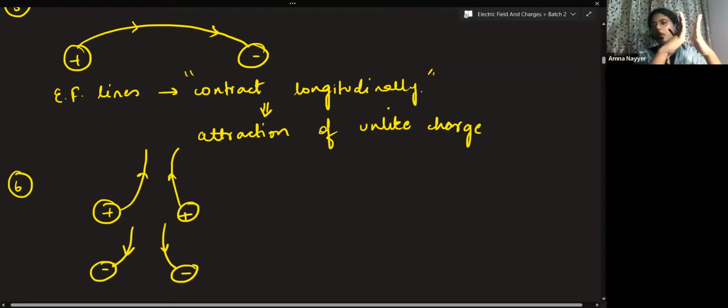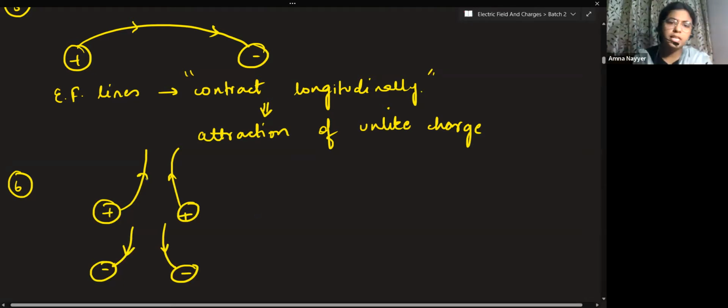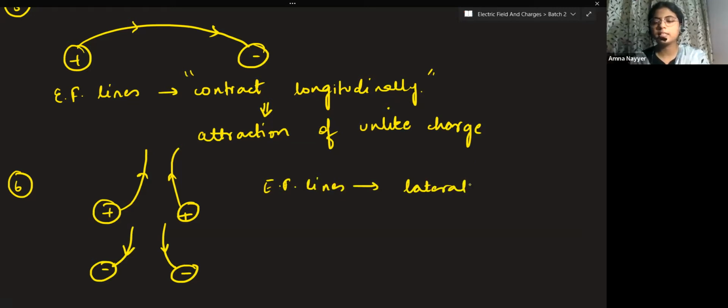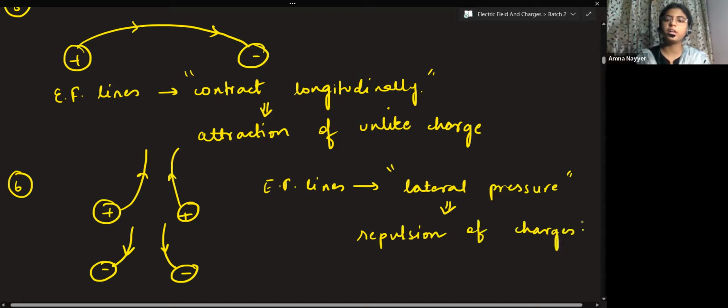So they will remain continuously at this certain distance. We say that they are exerting lateral pressure on each other. So electric field lines also exert lateral pressure on each other, and this explains repulsion of charges.